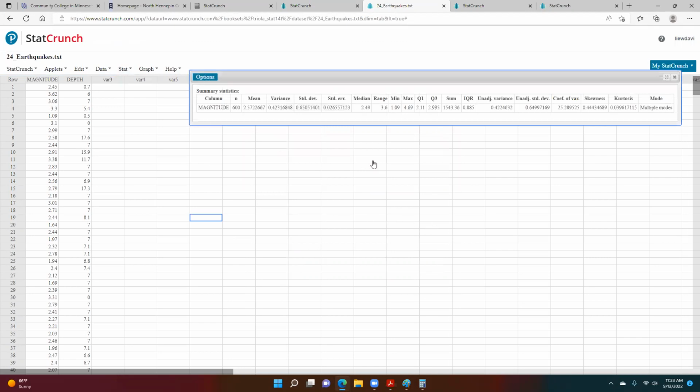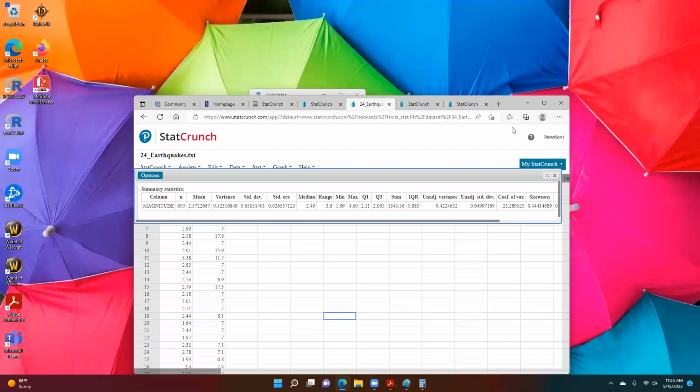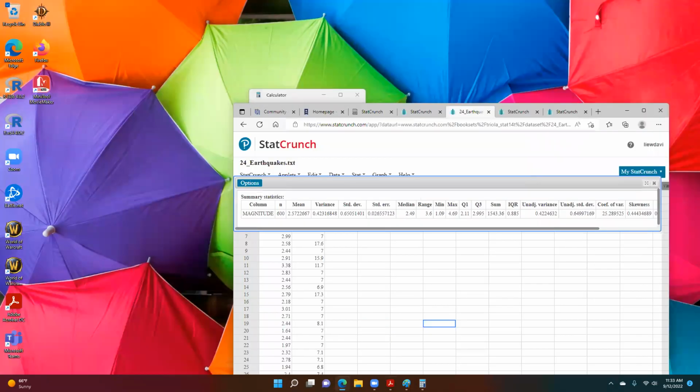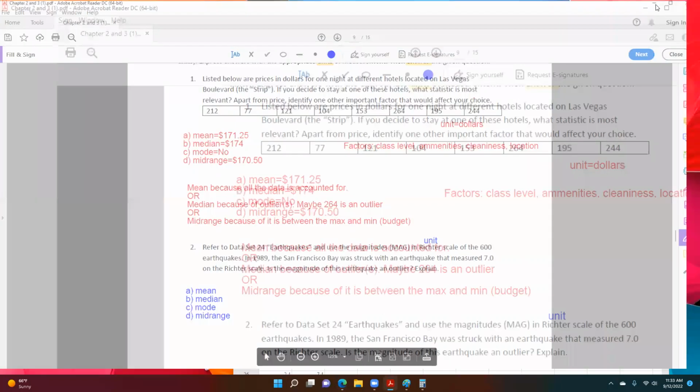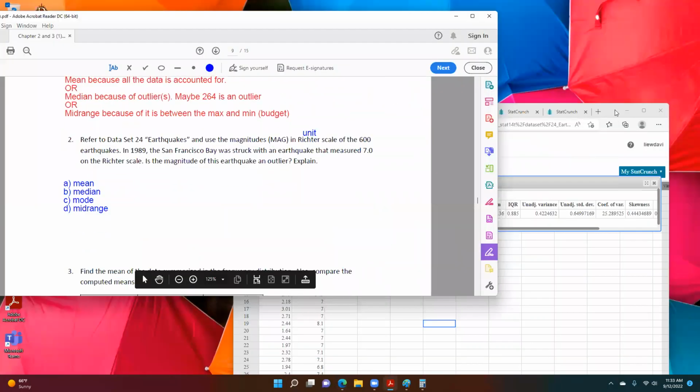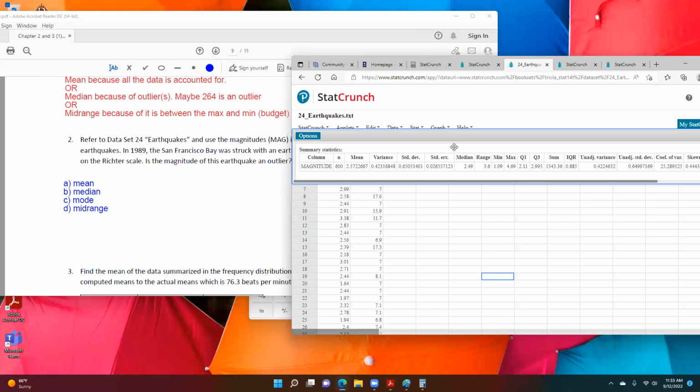Here are your results. We will look for your mean, median, and mode. Based on your results, your mean in this case is 2.572.